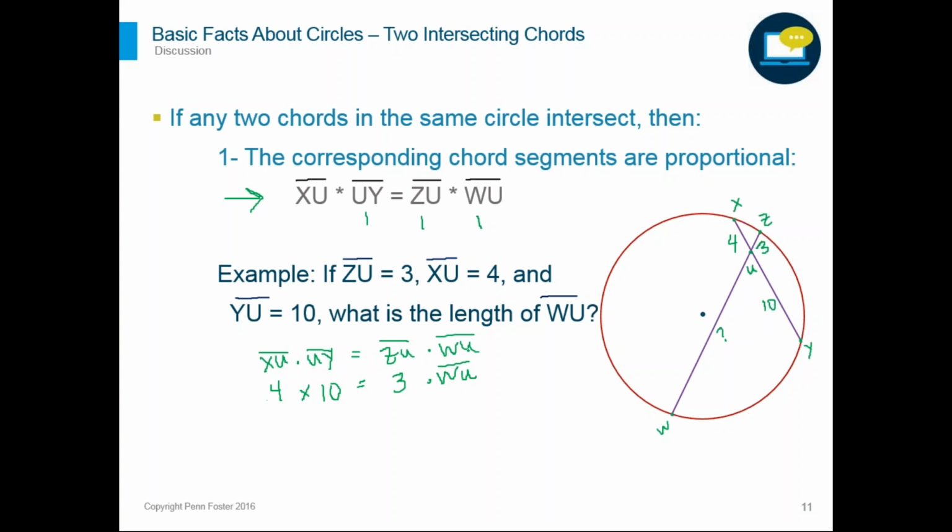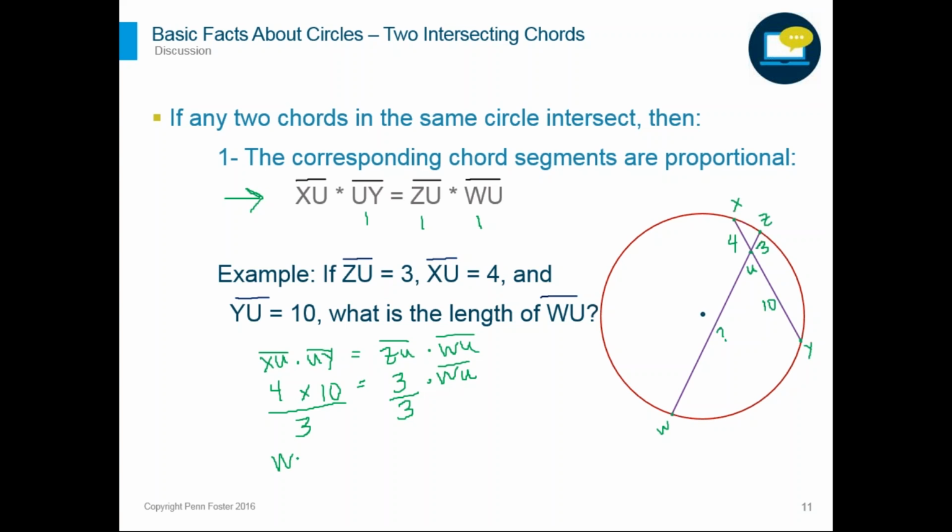So to do that, reverse. That variable is multiplied by 3, so divide over 3. Then you're doing the reverse operation of multiplication, which is division. So divide both sides by 3 to keep the equation balanced.